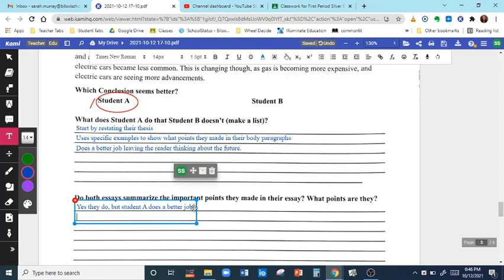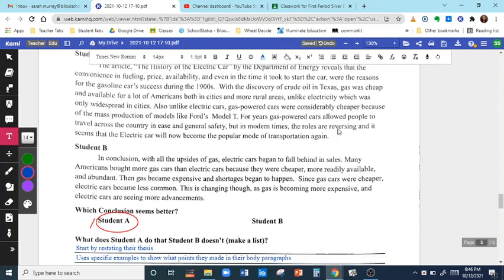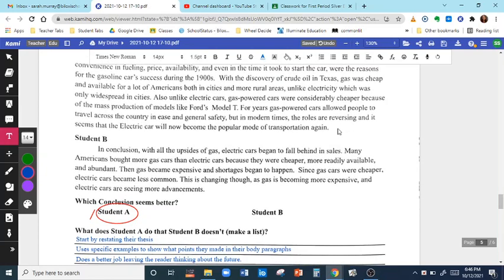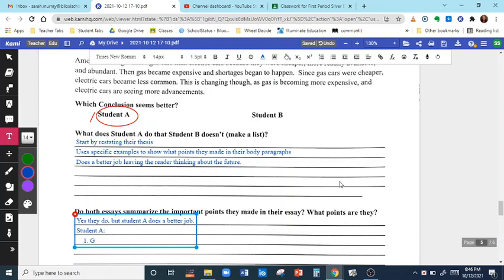Student A has clear points. One, gasoline was cheap and easy to find.